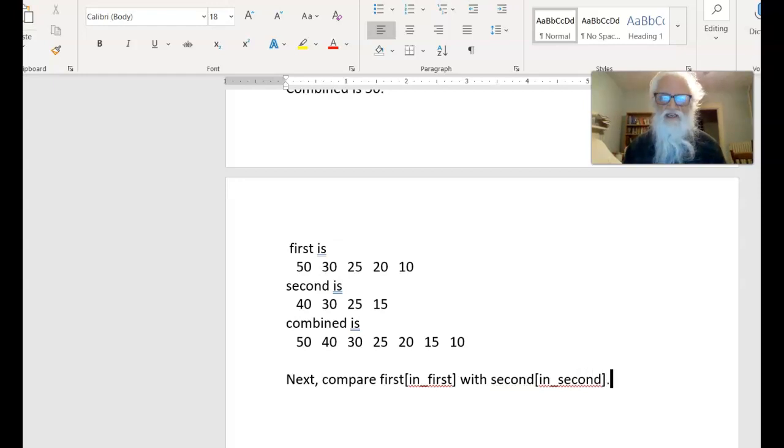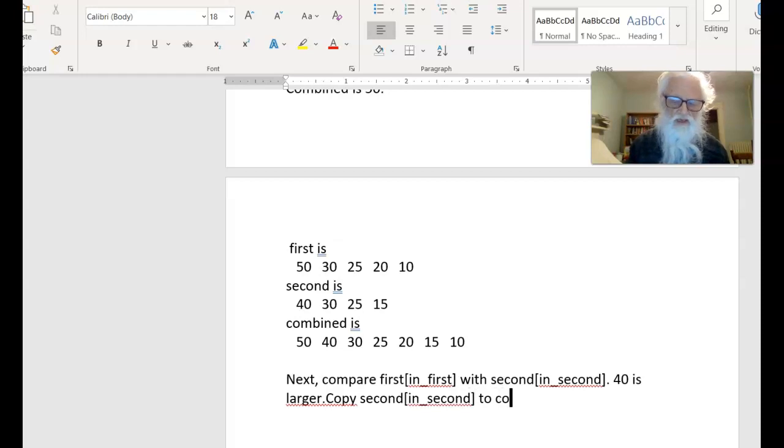Well, that's 30 and 40. So the 40 is larger. Now we copy second in second to combine in combine.